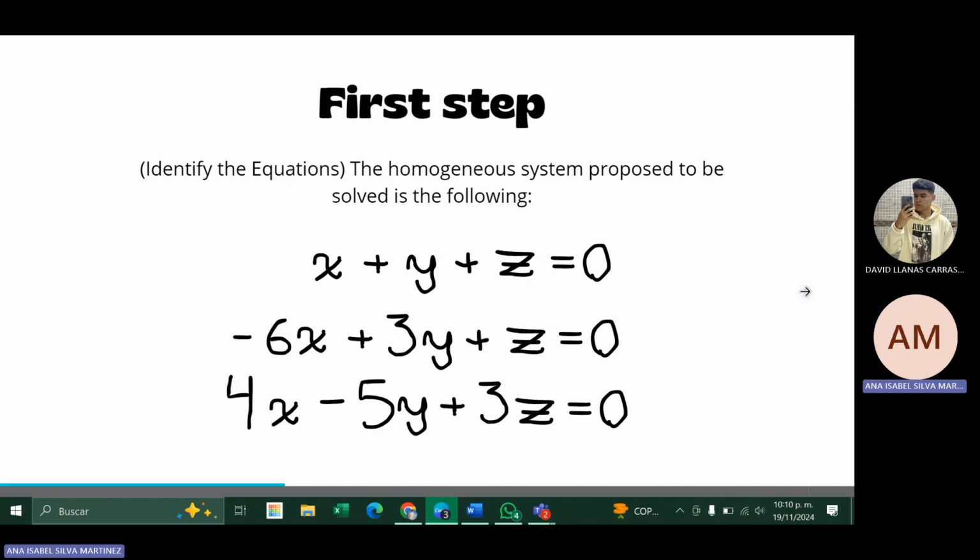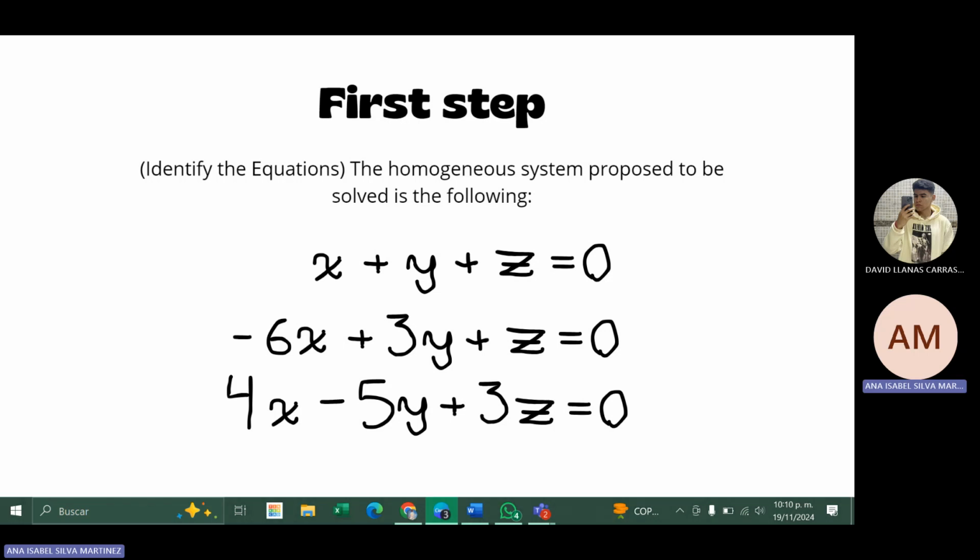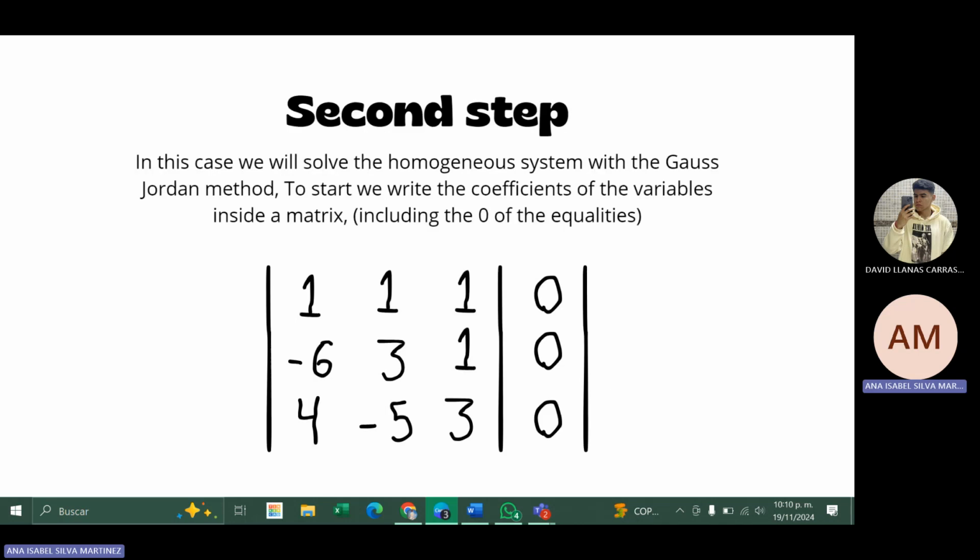The first step is to identify what data the system is giving us. The second step is to choose a method. In this case, we choose the Gauss-Jordan method.